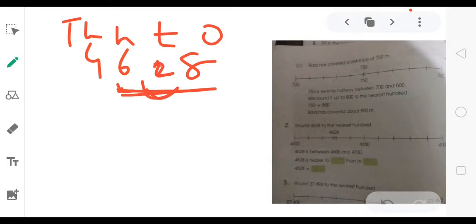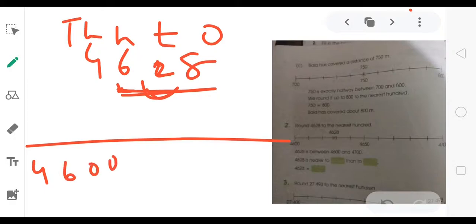First of all, make a number line. 4628 lies between which 200s? 4000 comes as it is, but 628 comes between which 200s? That is 600 and 700. So there are two numbers, 4600 and 4700.